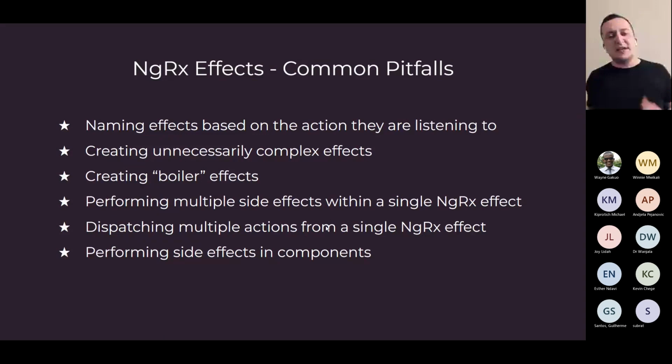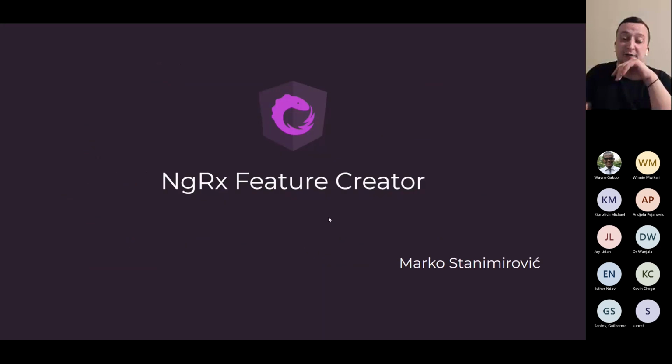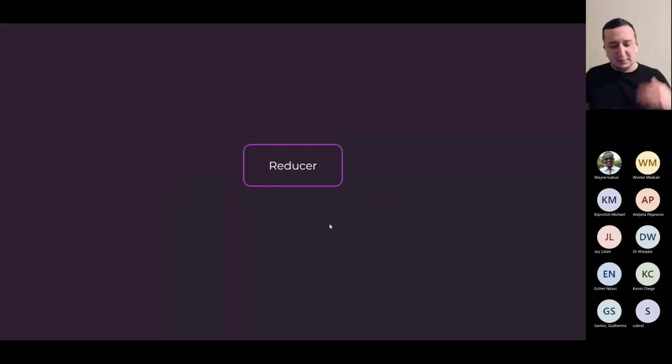Okay, so here you can see the entire list of pitfalls that we saw today. I also showed you the ways how we can avoid them. And before I end up for today, I would like to show you one relatively new feature from NgRx store package. It's called Feature Creator. So for each feature state, we need to define a feature reducer.